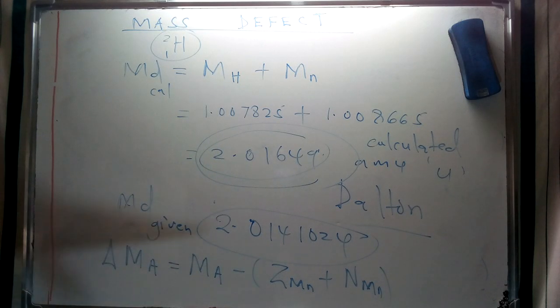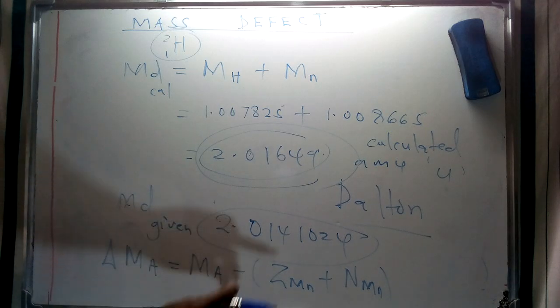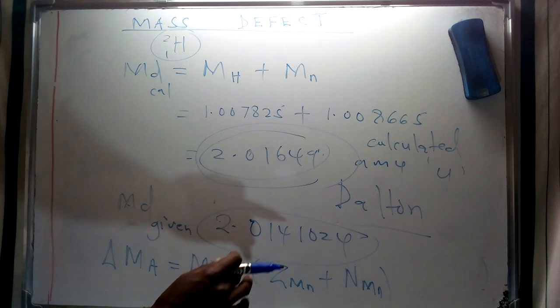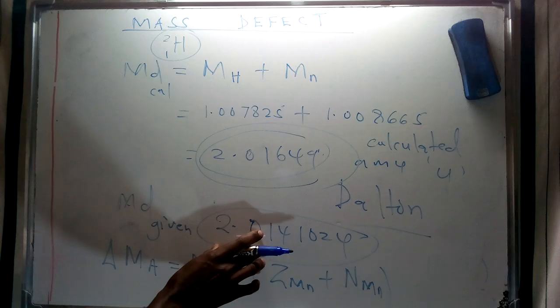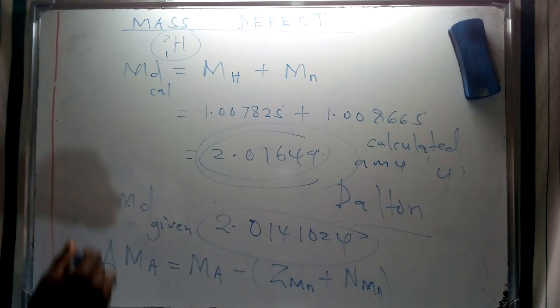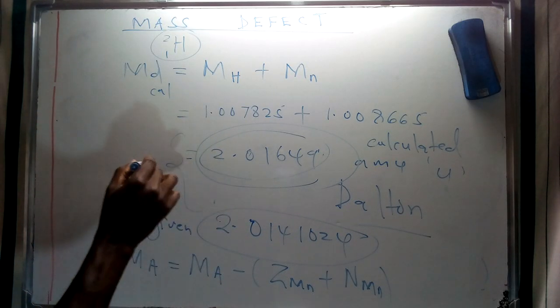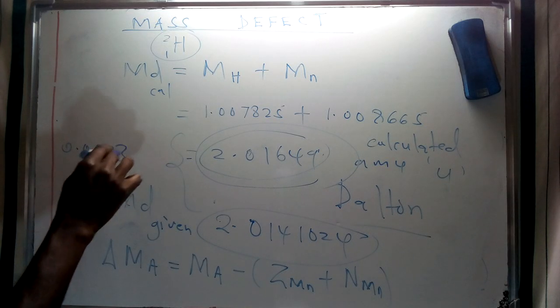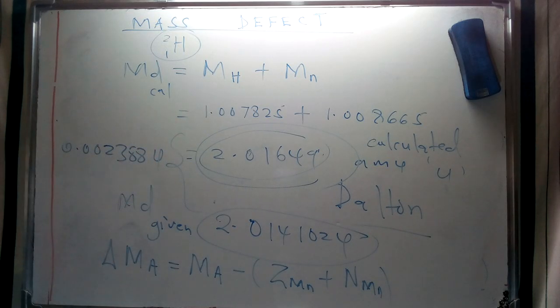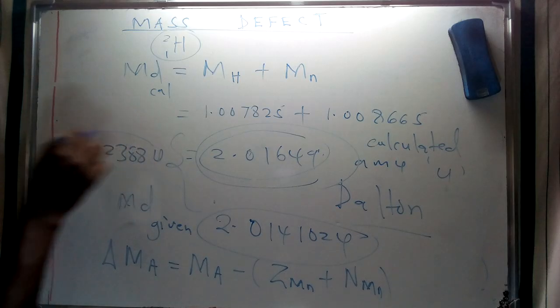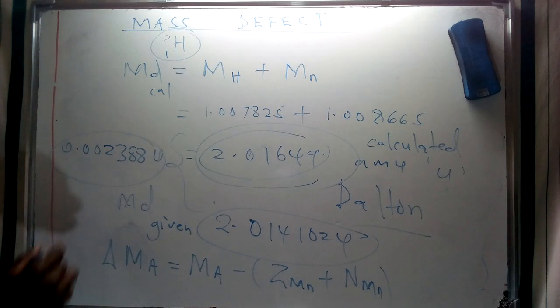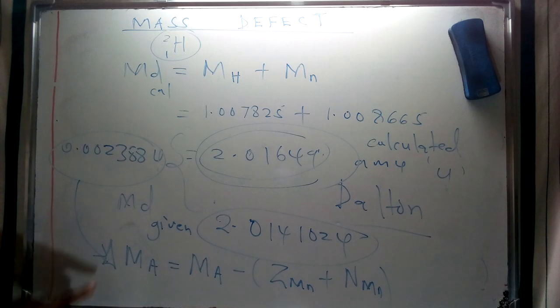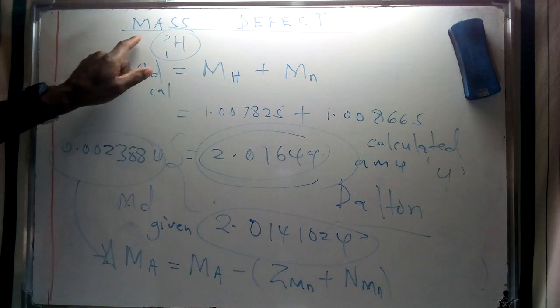For deuterium, we can do a calculation and find that the difference between the calculated mass and the given mass is around 0.002388 Daltons. This difference in mass is illustrated using the symbol delta m, and it is referred to as the mass defect.